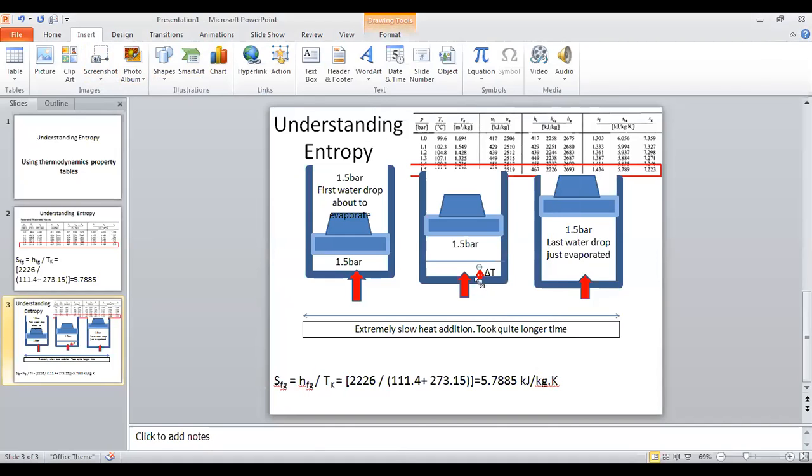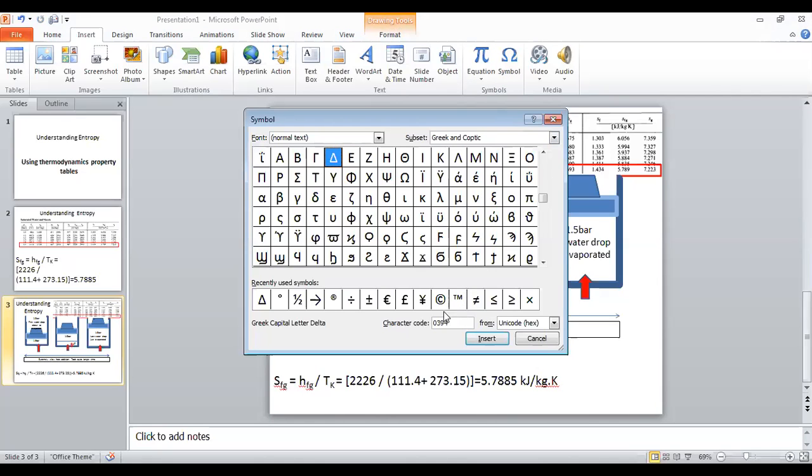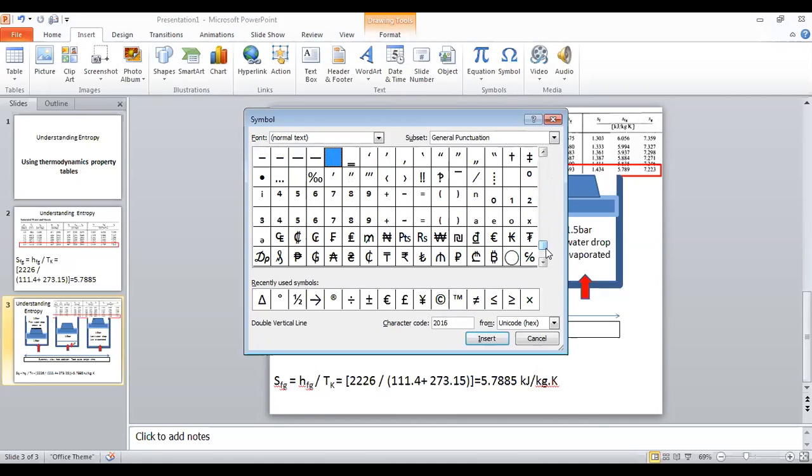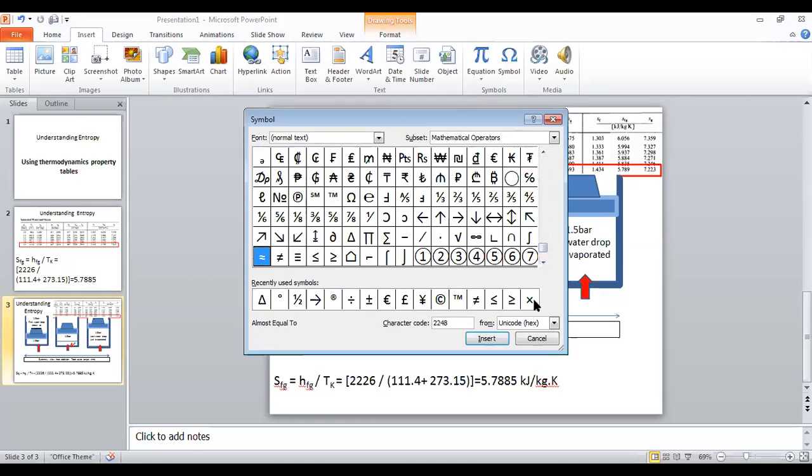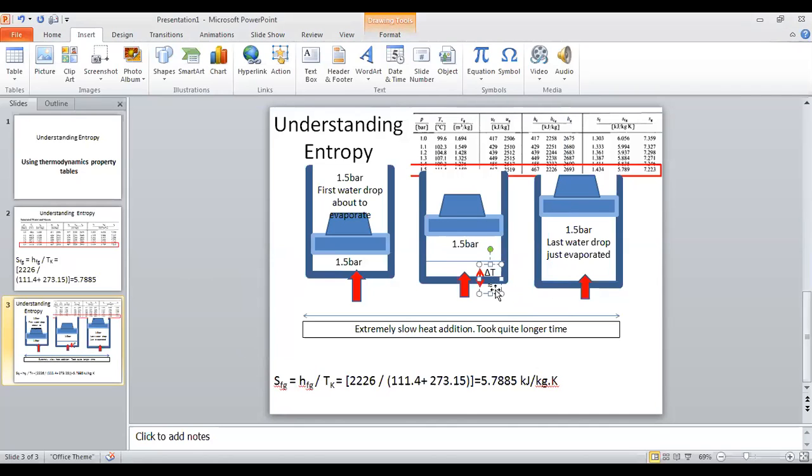This delta T is almost zero, very close to zero, but not zero. It is something like 0 plus.